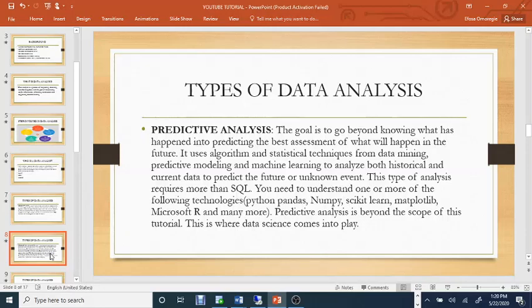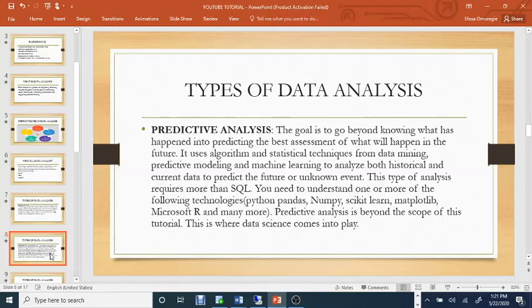So it's taking descriptive analysis a step further, and you need a combination of different tools in order to predict what happens next. You need to know statistical techniques, like regression analysis and random forest. There are so many other algorithms that you need to know in order to do this.